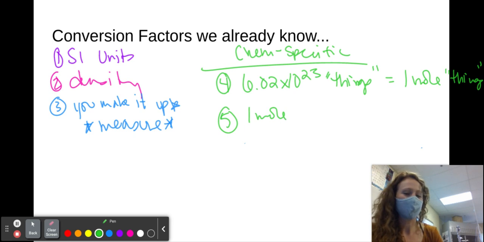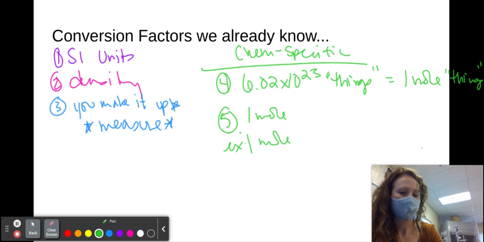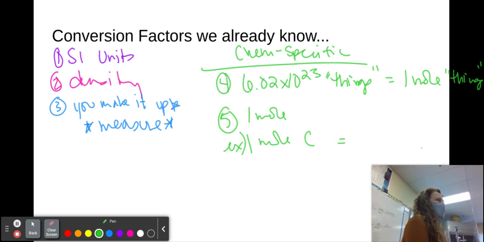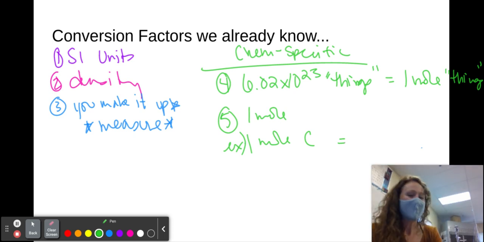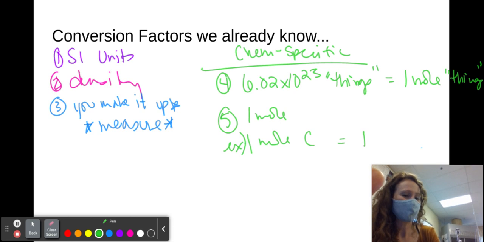I'll give you an example. 1 mole of carbon equals, what's the other thing we can go to from moles? No, you're so close. Not AMUs. Grams, yes. So for carbon, it's 12 grams of carbon, right?